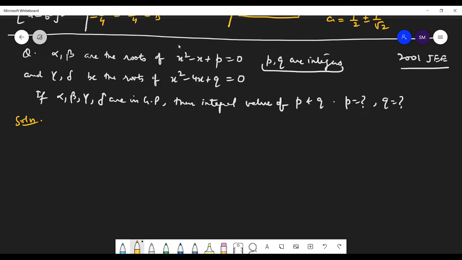So you can write this as x square minus sx plus p if you have the roots. How do you write the quadratic equation? x square minus (alpha plus beta) x plus alpha beta equals to 0. Is it okay, students? So what do you get from this equation?